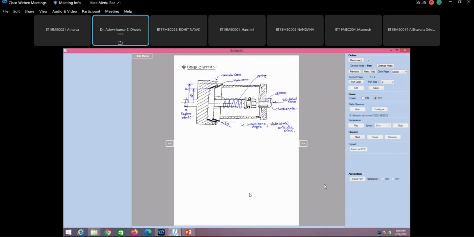So usually alpha is less than 20 degrees.